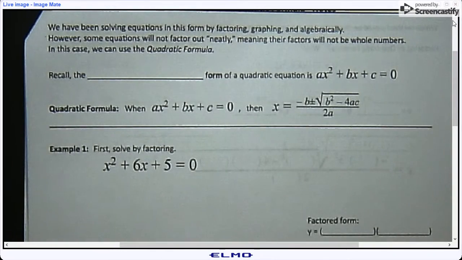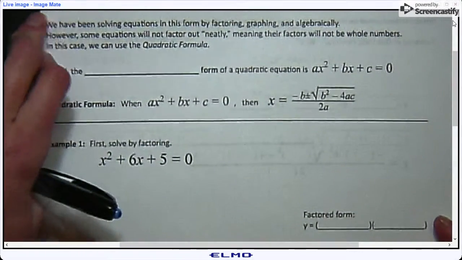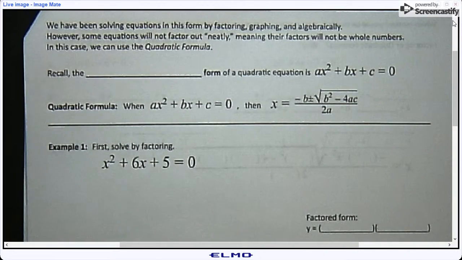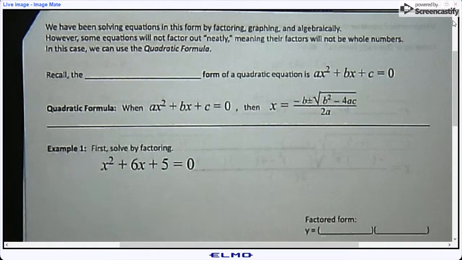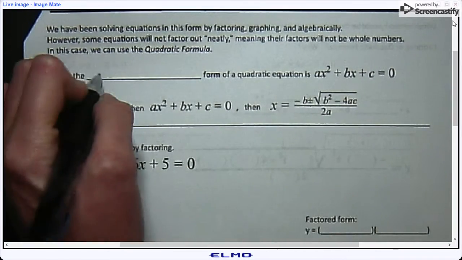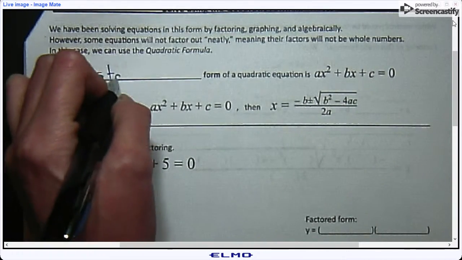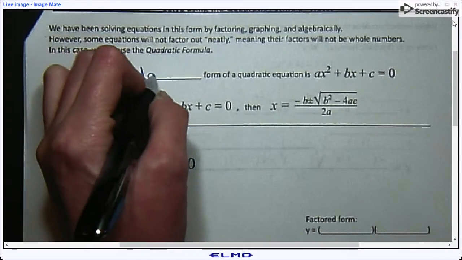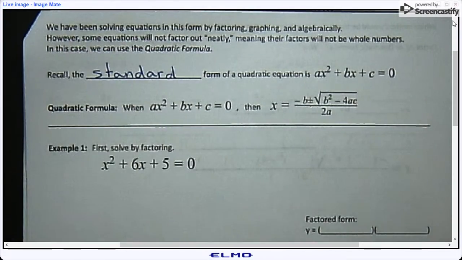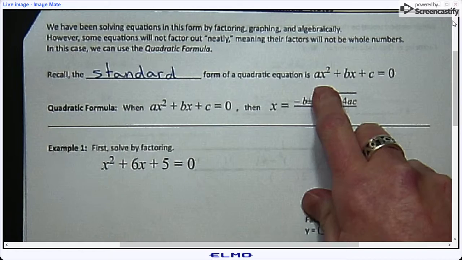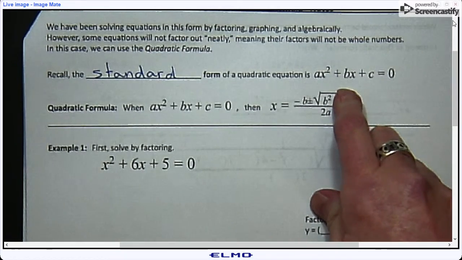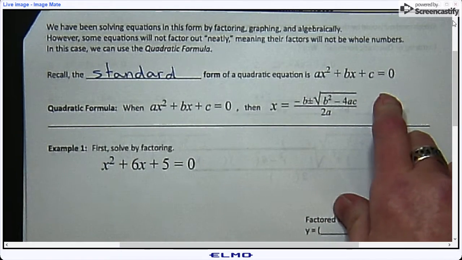Today we're going to go over the quadratic formula. So this is the third method that we are learning on how to solve our quadratic equations. The first thing I want us to remember is what standard form is. Standard form is ax squared plus bx plus c equals 0.